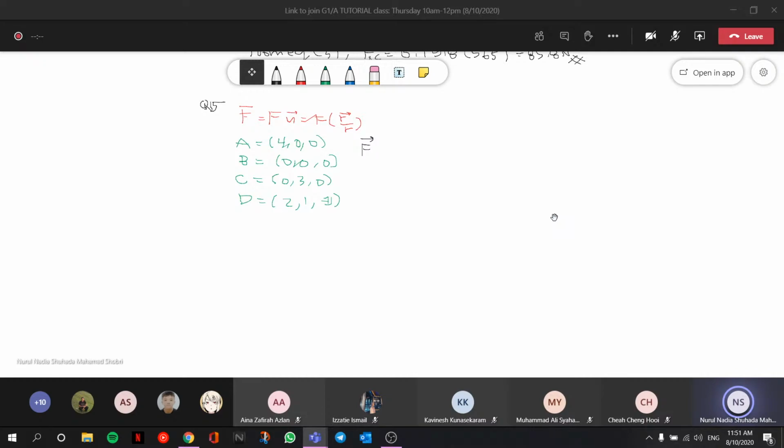So basically we solve for the force vector for AD. And for this one, the coordinate, I'm sorry, D has to minus A, because A is the position where the force goes towards.